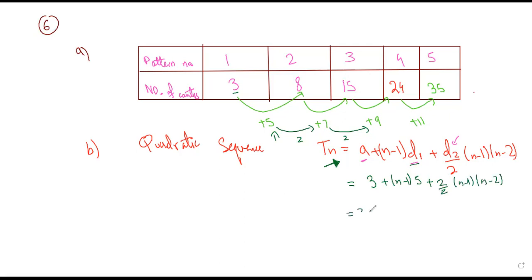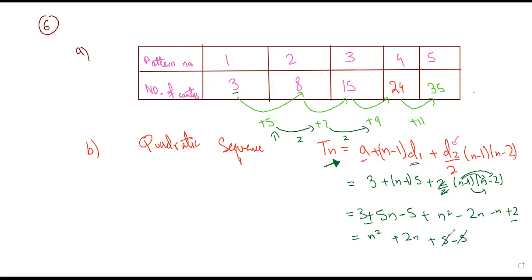This has 3 plus 5n minus 5 plus n square. 2 and 2 would be cancelled. Minus 2n minus n plus 2. This has n square plus 2n plus 3 plus 2, that is 5 minus 5.